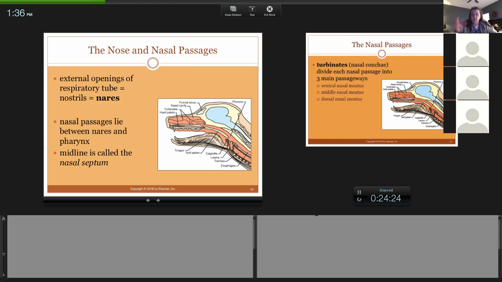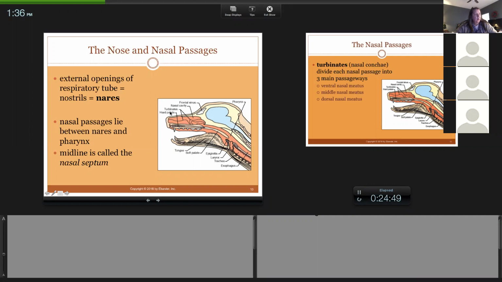Remember, rostral means closest to the nose, so the nares are the very first opening to the respiratory tract. The nasal passages are caudal to that. In the picture, you've got the nares, and then it goes through these nasal passages, and this whole area is called the nasal cavity.